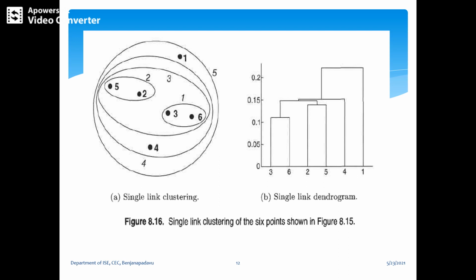This is the single link technique on our example data set of 6 points, and this is the dendrogram of that diagram.